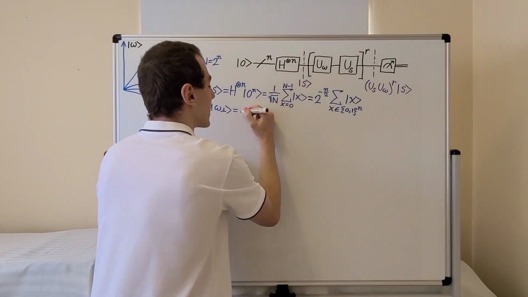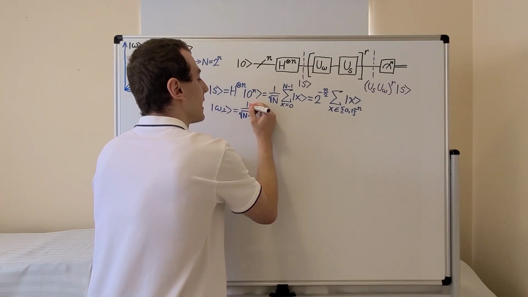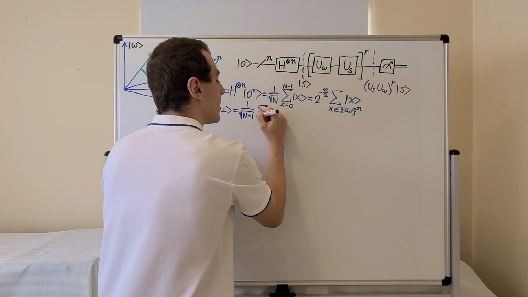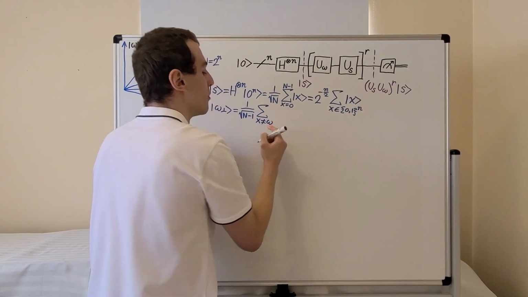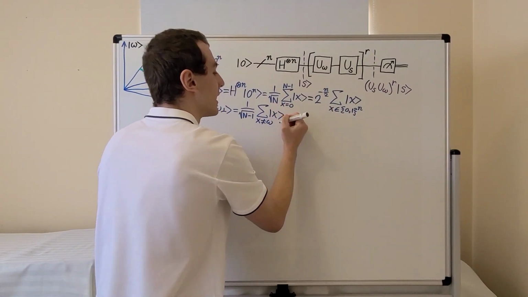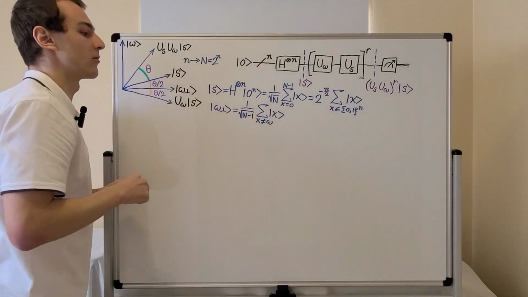And we also have to renormalize. So instead of big N, we're going to have big N minus 1 in this normalization coefficient. And then we're going to sum over all values of x that are not equal to omega. So we just exclude that omega. And otherwise, it's the same state. So we're just ignoring that one special state that we're looking for.